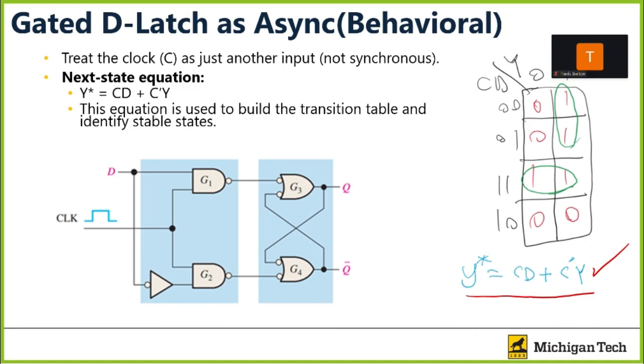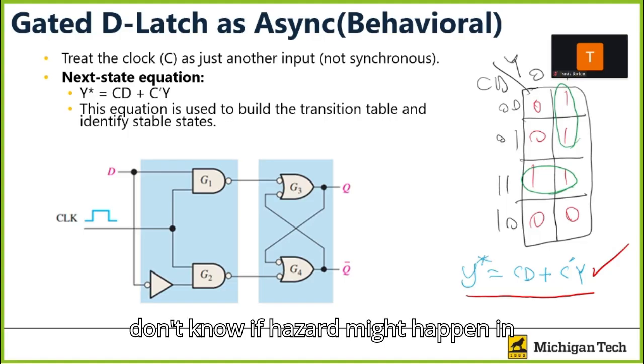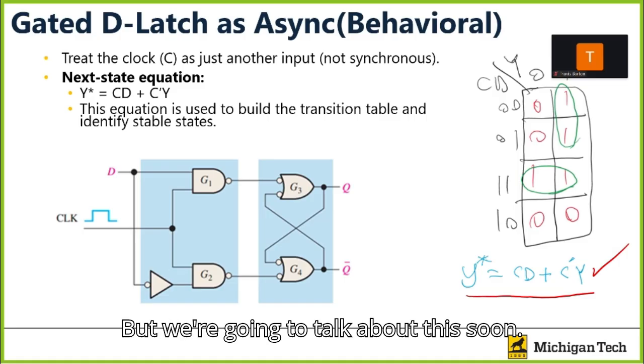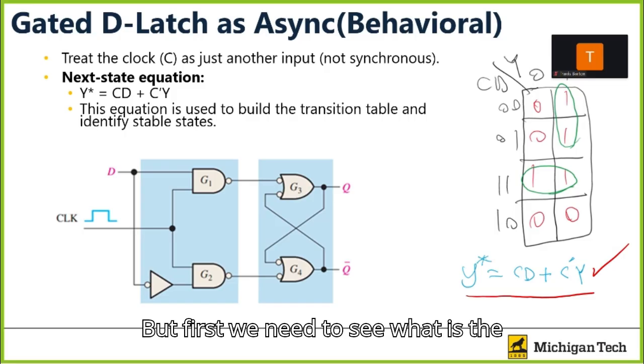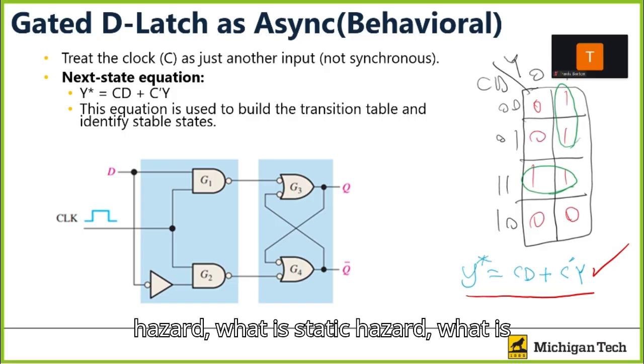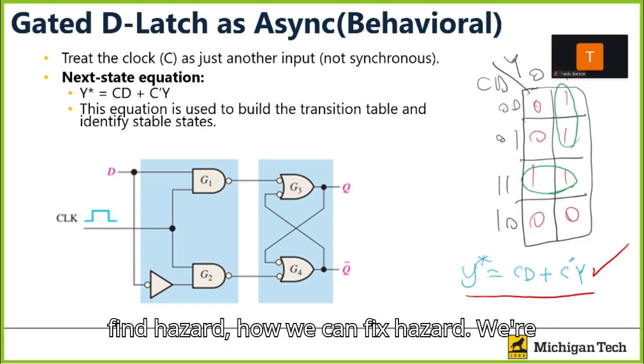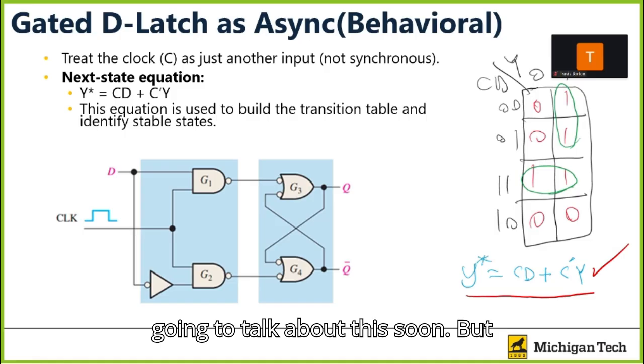We still don't know if a hazard might happen in this and how we can fix that, but we're going to talk about this soon. First we need to see what a hazard is, what a static hazard is, what a dynamic hazard is, and how we can find and fix a hazard.